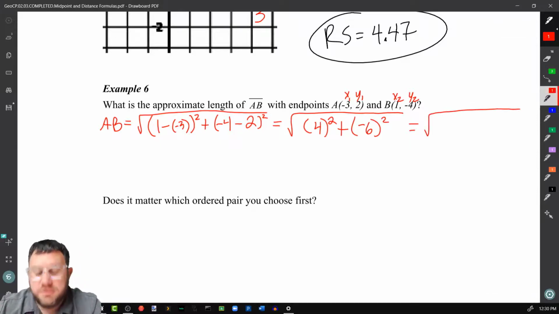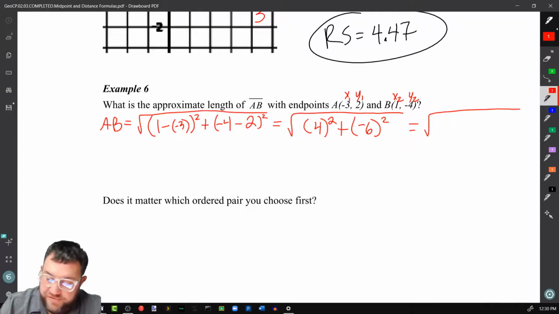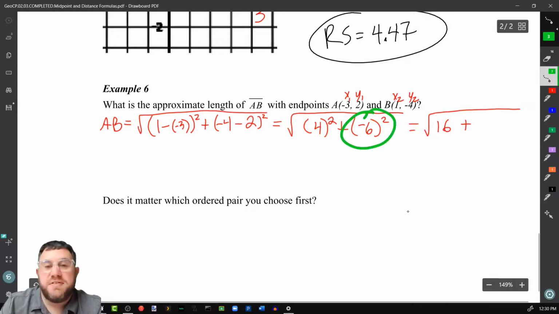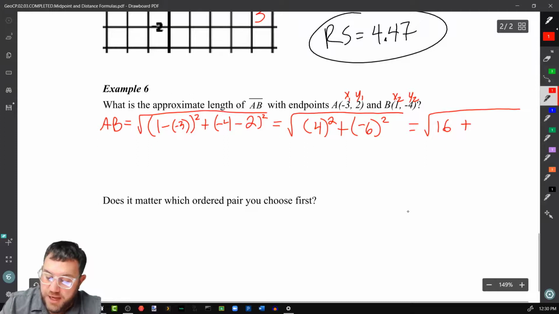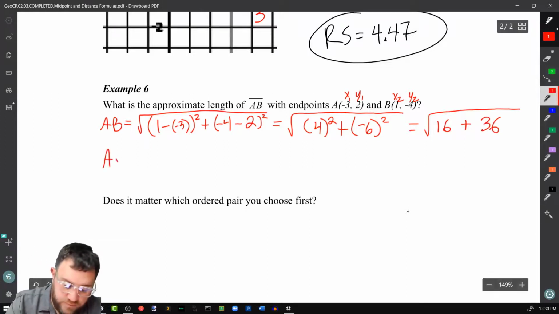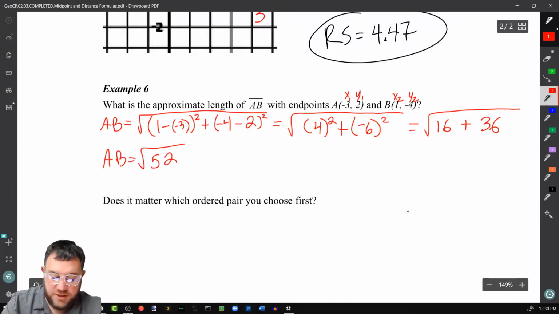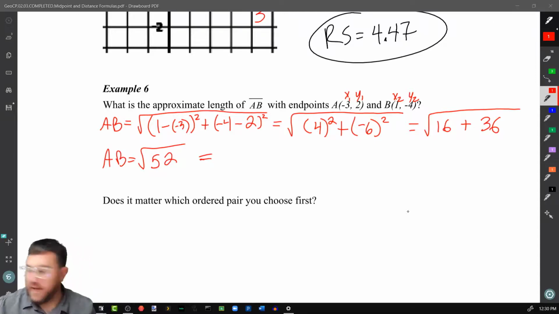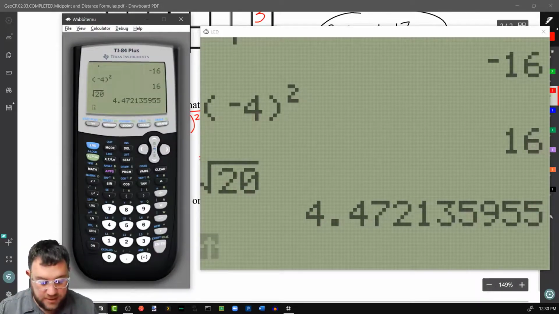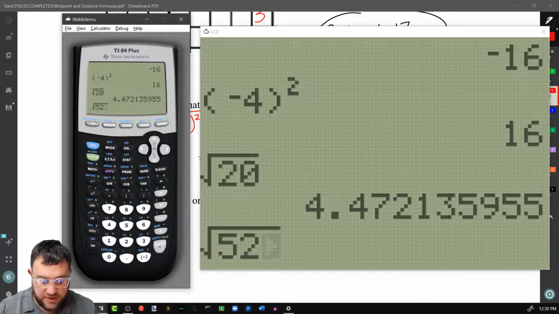Then we will square both of them. 4 squared is going to give us 16. Negative 6 squared is going to give us positive 36. Squaring always gives us a positive. If we add those together, we get 52. And so the last thing, we'll jump to our calculator to do second x squared 52.